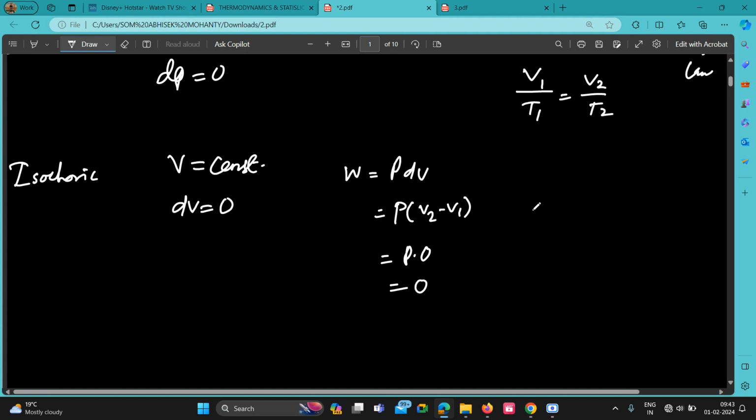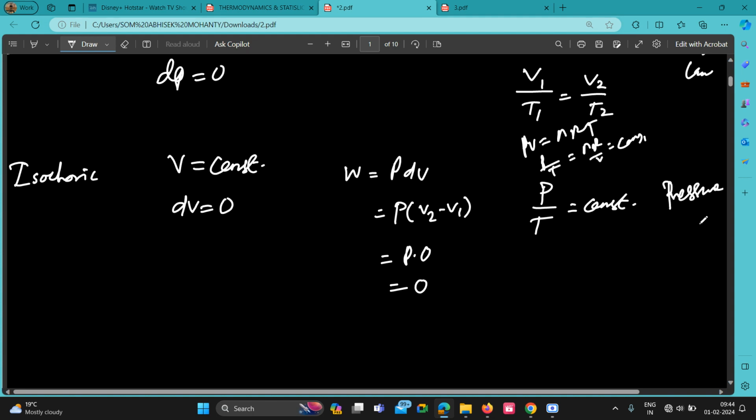W is 0. And P by T will be constant. Why? Because again PV is equal to nRT. V is constant, it will go to that side and P by T will come to this side. So P by T is equal to nR by V, which is constant. And this is called the pressure law.